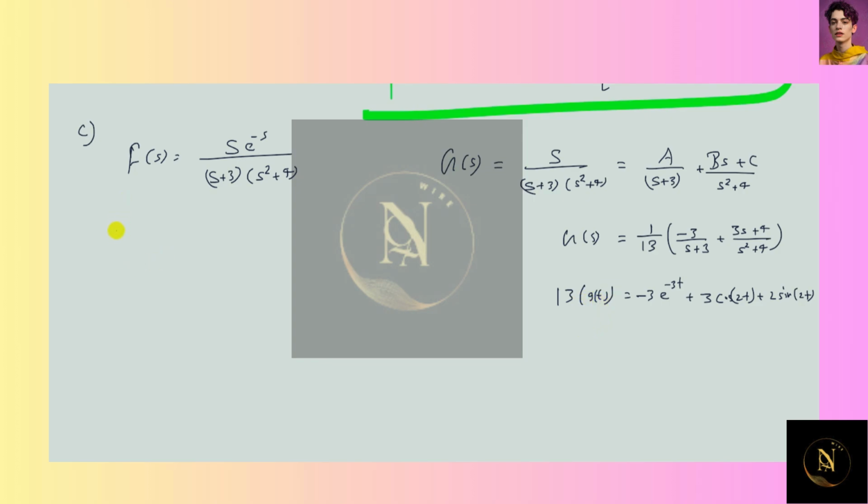And now we can write F(s) in terms of G. F(s) is equal to e^(-s) multiplied with G(s).